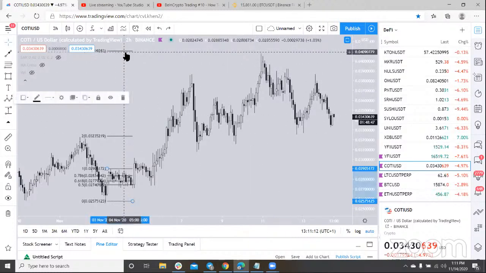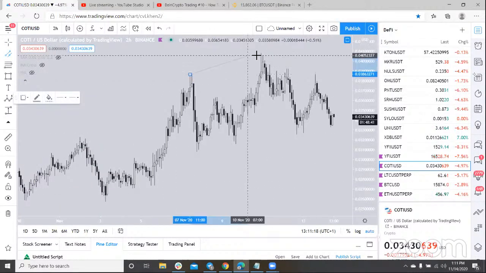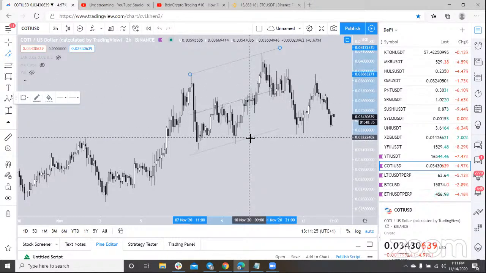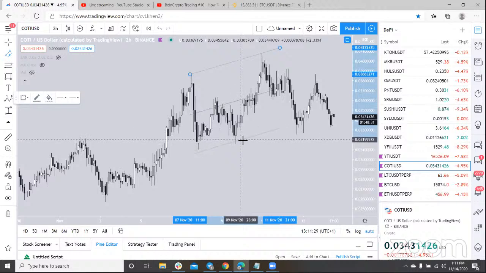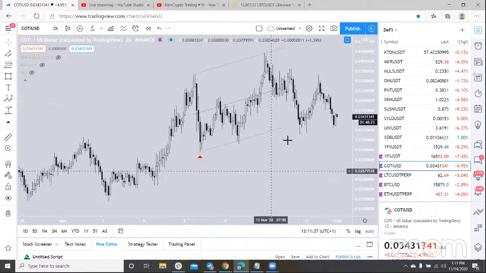What you can do is use the channel, right? So you draw a parallel channel from here to here, and then you project it to the lows. When you're doing this, always use the exact lows, not the closes, not the most touches, use the exact lows. This is the first touch here, so use this low.